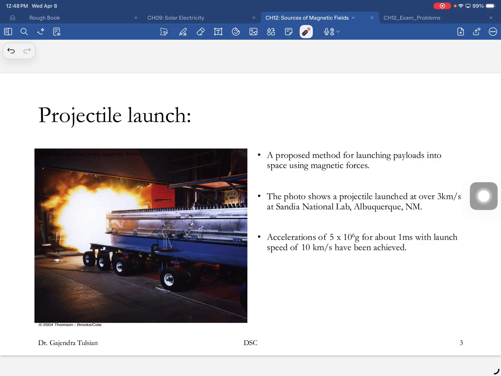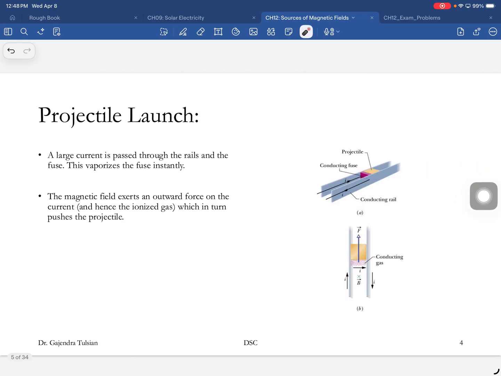Yeah, so this device, okay, so here's a view of this. Here's the payload. This device can exert a force 5 million times the weight of the object. Now, what does that mean?